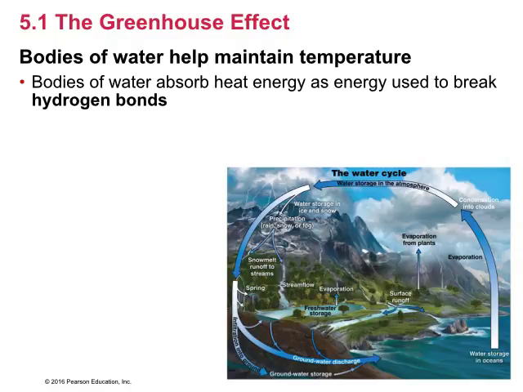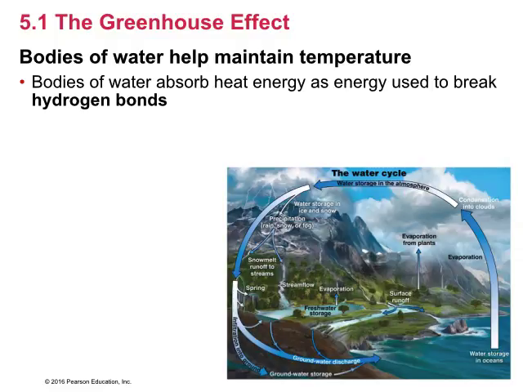So what they do is bodies of water absorb heat energy during the day as energy that is used to break hydrogen bonds. So remember we went over this in chapter 2 when we were looking at the properties of water. Water molecules form hydrogen bonds with each other, and when water is applied heat, that heat is first used to break the hydrogen bonds, and then it's used to increase the temperature of the water.